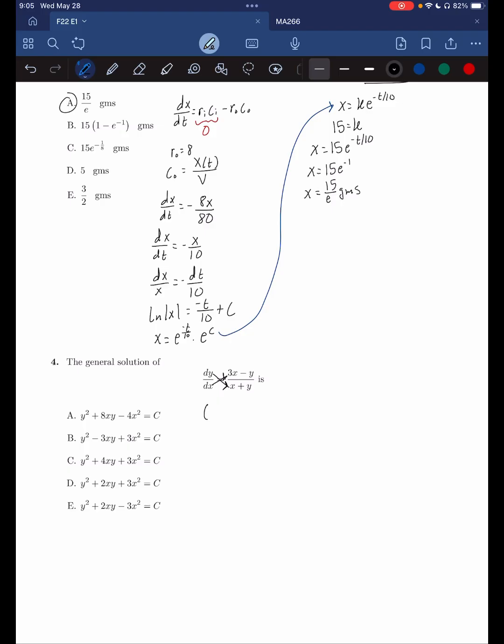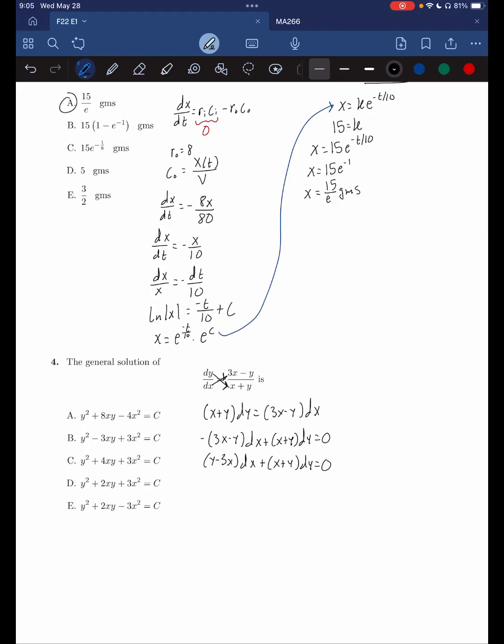We're going to do this first. x plus y dy is equal to 3x minus y dx. I'm going to move the dx over by subtracting it, and then I'm going to distribute my negative. This is what we're looking at right now.